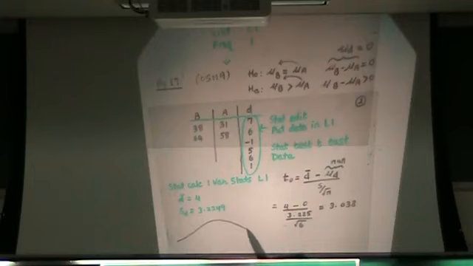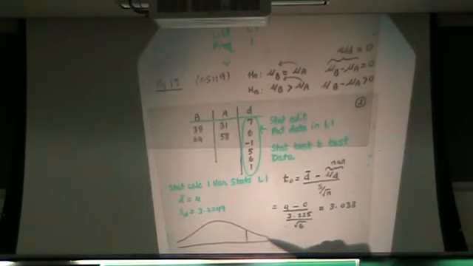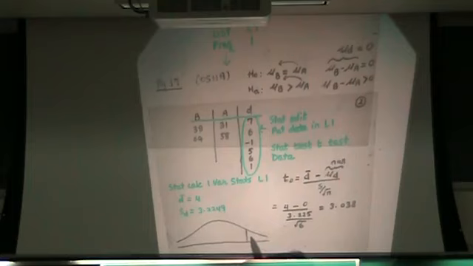Now, this test is right-sided, so the entire alpha will go in the right tail. I don't know if they gave me alpha. Yeah, they did. They gave it to me in part C. So part C, the alpha was 0.05. I put that here, and I go to T n minus 1 degrees of freedom. N minus 1 would be 5 degrees of freedom. This is like a review of what we've already done, right?